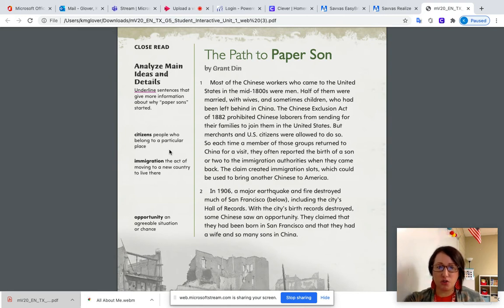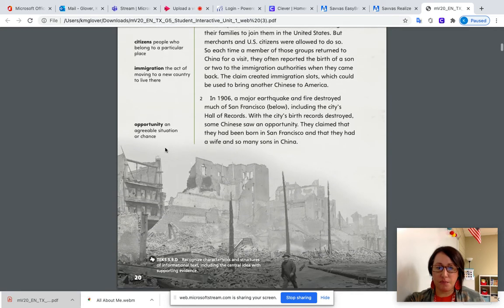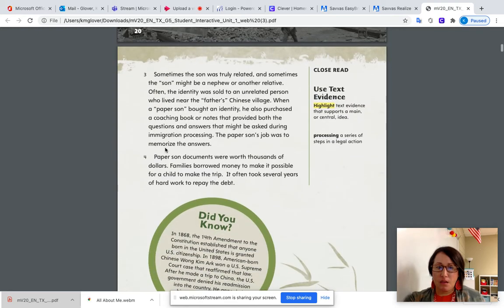Okay, so look at the first three. Citizens are people who belong to a particular place. Immigration, the act of moving to a new country to live there. Opportunity, an agreeable situation or chance. And then on the next page, you have processing, a series of steps in legal action.